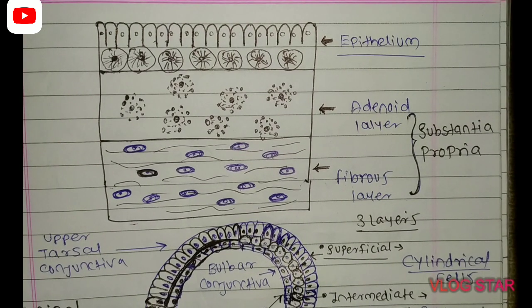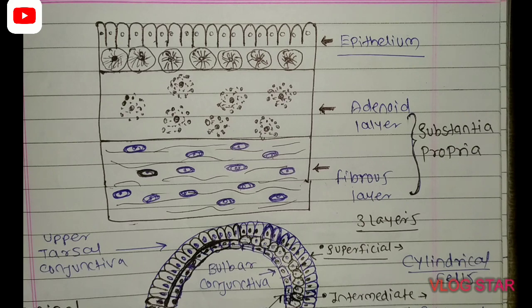So we know that the conjunctiva is of two types, that is palpebral conjunctiva and bulbar conjunctiva. The palpebral conjunctiva is further divided into three parts. First is the marginal part, second is the tarsal part, and third is the orbital part.